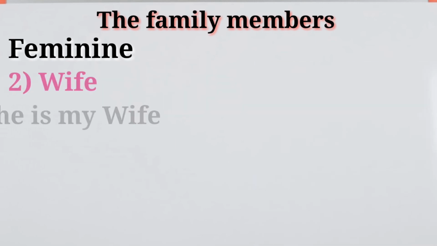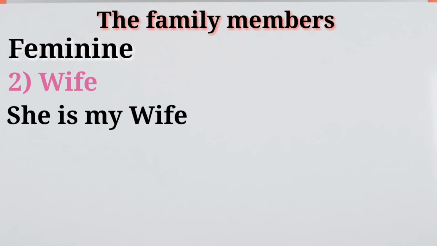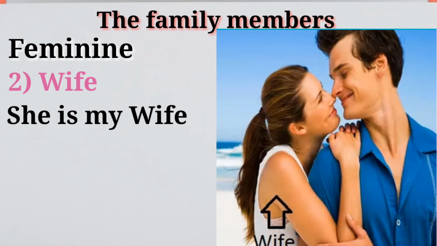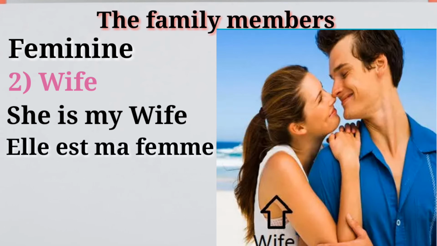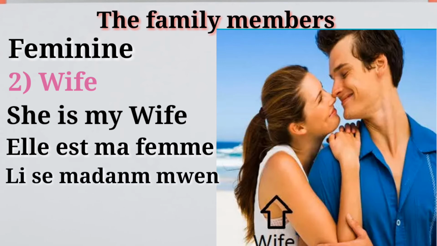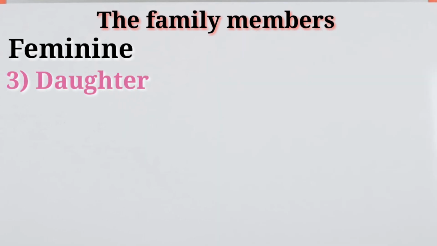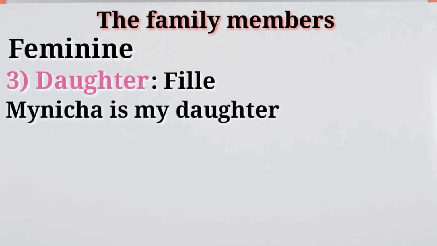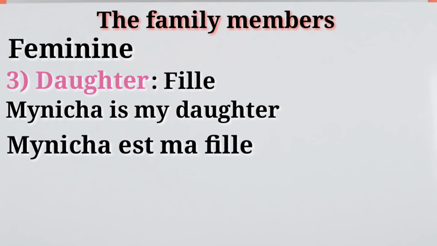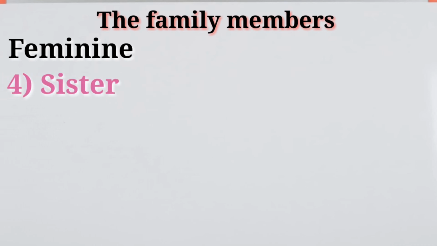Wife, you can say she is my wife. As you can see in the image, I can say she is my wife. You can say daughter means fille. You can say my Nisha is my daughter. After, sister means sœur.